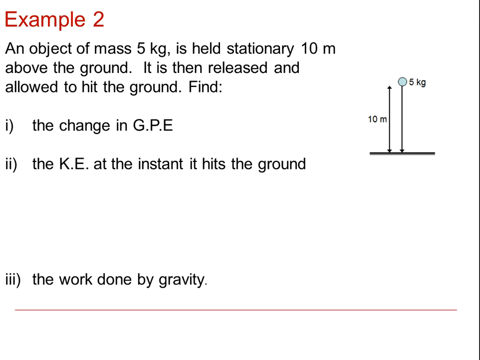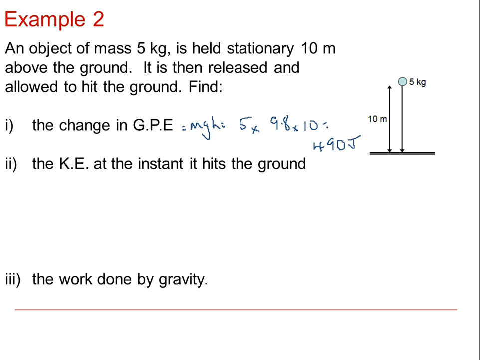First of all, the change in the gravitational potential energy is mgh, so that's equal to 5 multiplied by 9.8 multiplied by 10, which is 490 joules. Now to get the kinetic energy we need a half mv squared, and therefore we need first of all to calculate v squared.